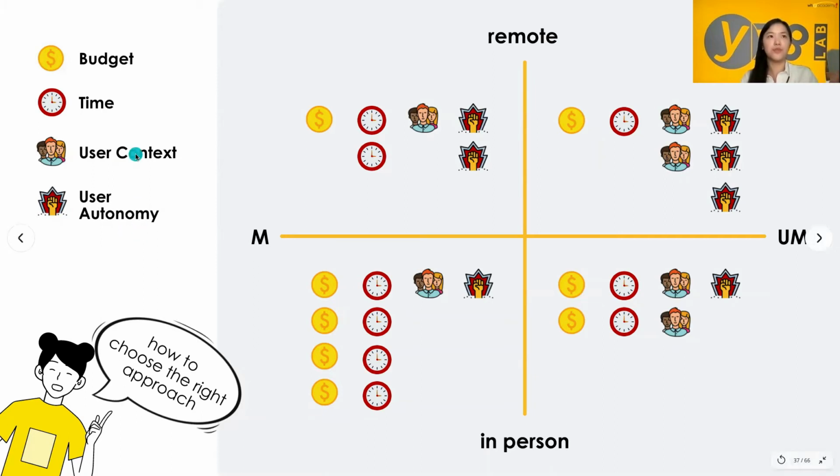So it means that my user context and my user autonomy is low. So we'll see this one. I have a lot of budget, a lot of time. Low context and autonomy means I probably fare best in an in-person and moderated test. Okay, so this is a quick graph to really quickly see which one is more suitable for you. It's all really depending on your situation.